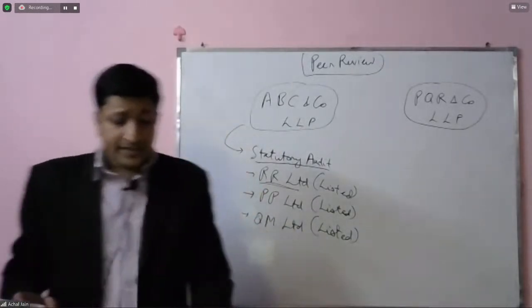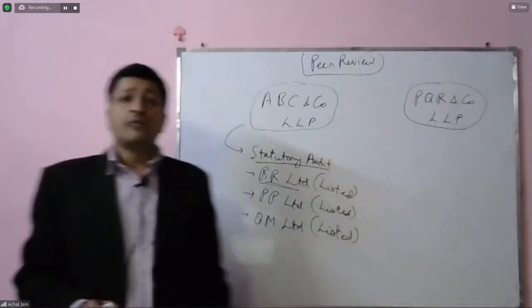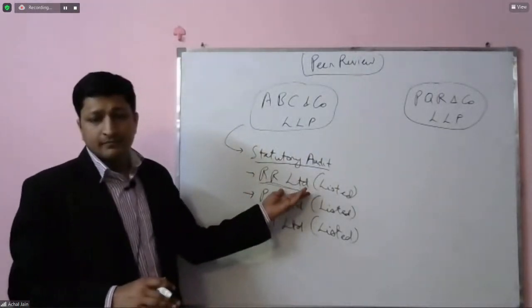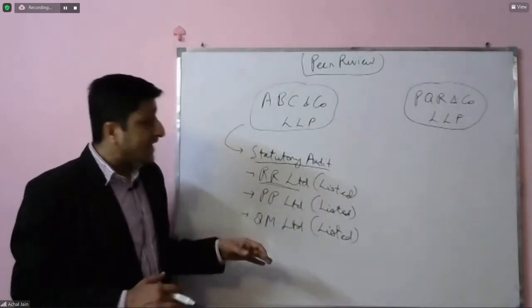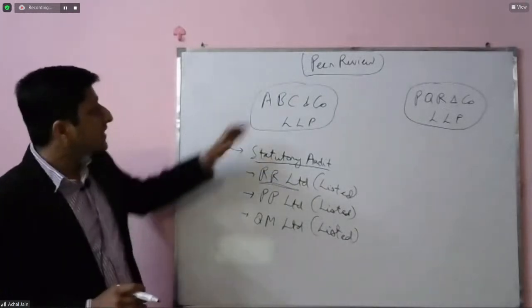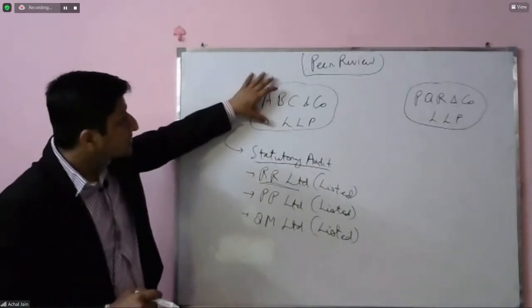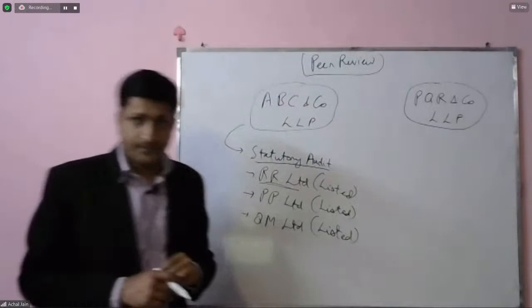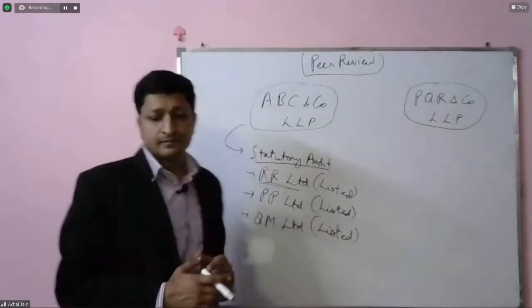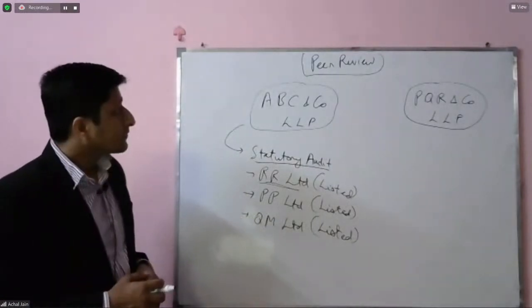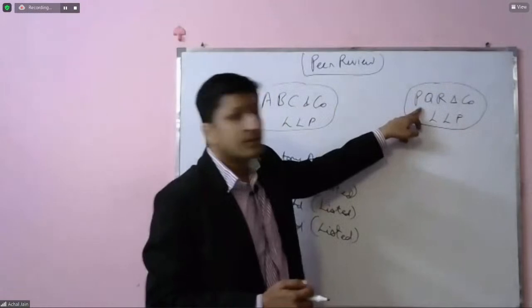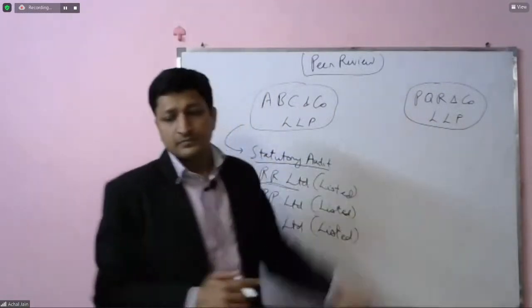But now, in case of a peer review, we are not talking about this client anymore. This client will definitely be subject matter. But now we are saying that the work which this firm would have done, and the work is towards the professional practice, that will become subject to review by another practicing firm.